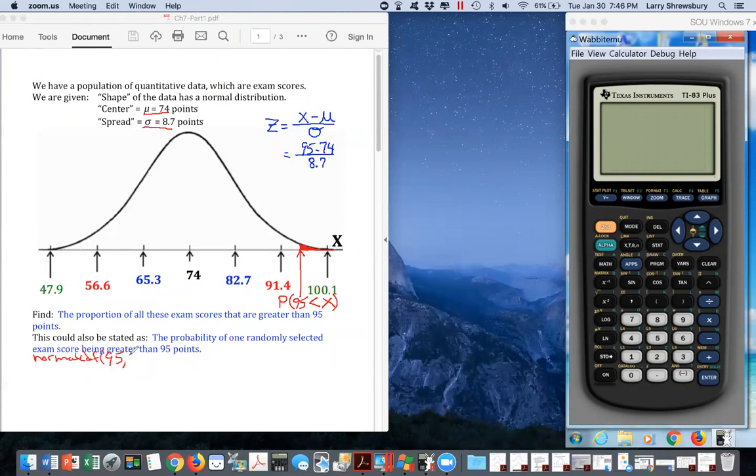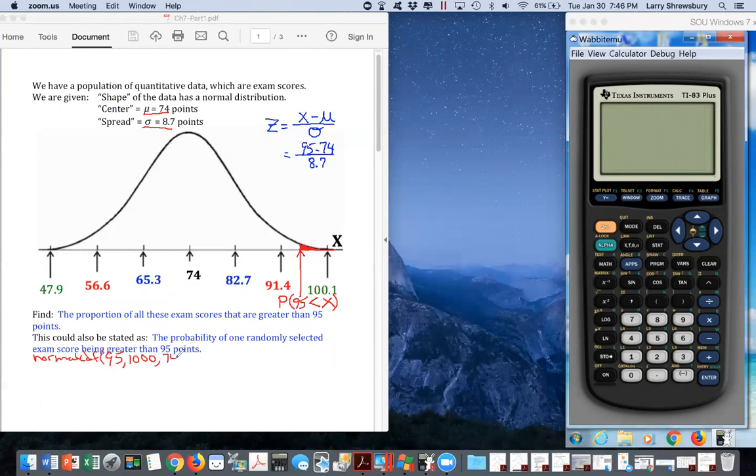What if I just put in 1,000 here? Because of my sketch, I know there's an infinite number of values way off to the right, and 1,000 would be way off to the right. That'll work. But now we then put in our center and then our spread.